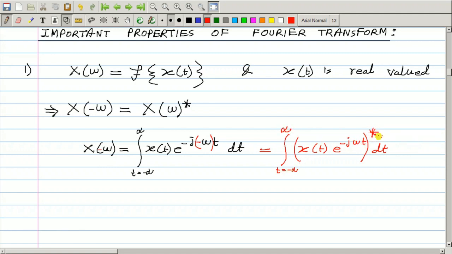Because when you take the complex conjugate, you have to put minus j in place of j everywhere. But x is real, so there is no j inside x, so the only place you have to put minus is here, and that is exactly what we have here. So this is equal to the integration of x(t) e^(-jωt) dt from minus infinity to plus infinity, whole conjugate.